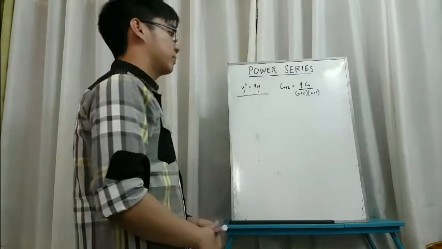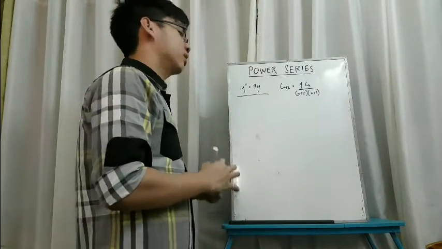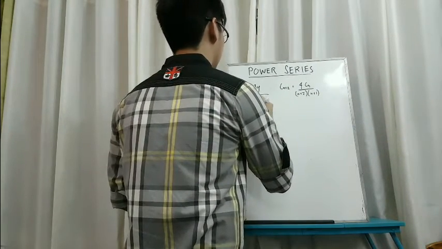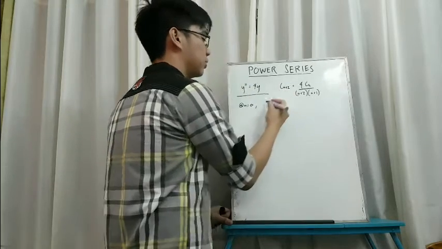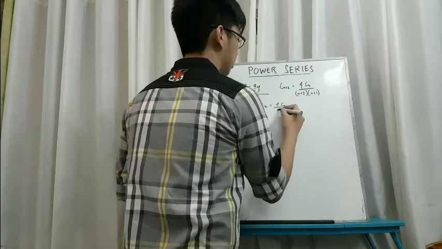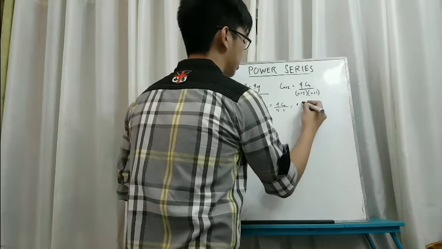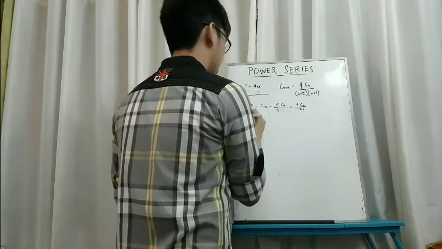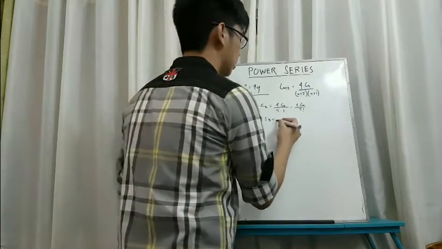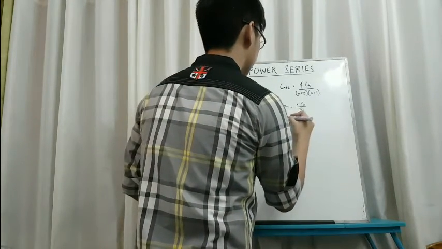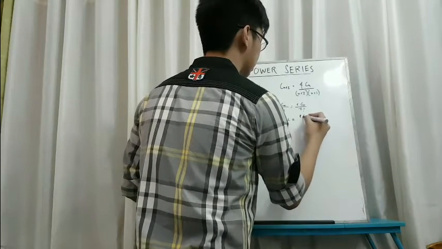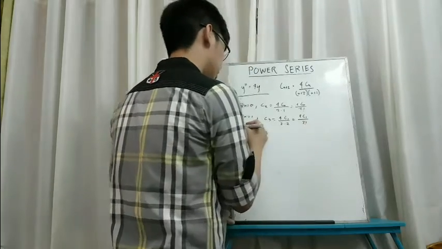So for the next step, after getting the recursion relation, we would plug in values at n. At n is equal to 0, this would be C2 equals 4 C0 over 2 times 1, or 4 C0 over 2 factorial. At n is equal to 1, C3 is equal to 4 C1 over 3 times 2, or 4 C1 over 3 factorial.